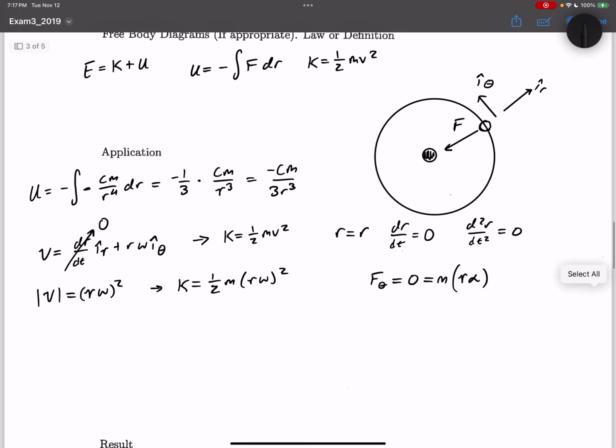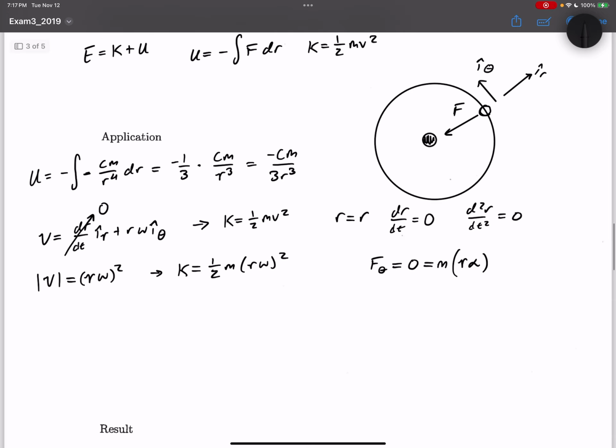So m r alpha is going to equal 0, so that means alpha is going to be 0 because the mass and the radius aren't 0.